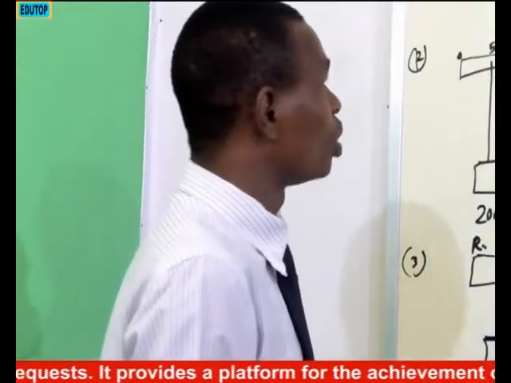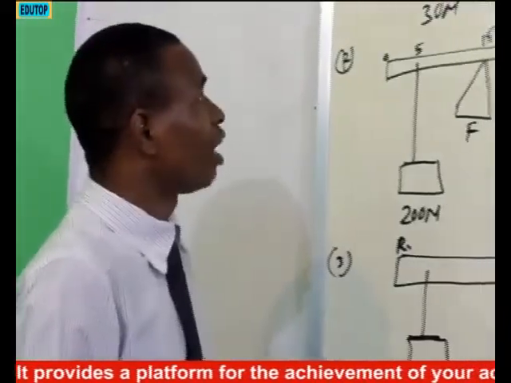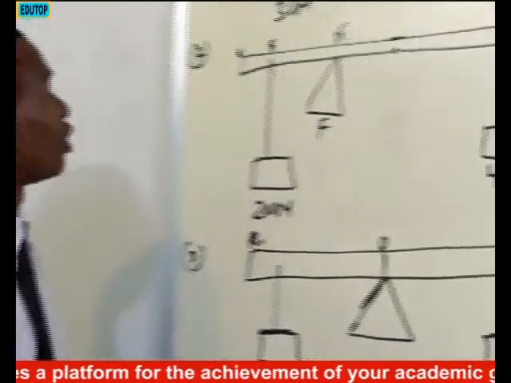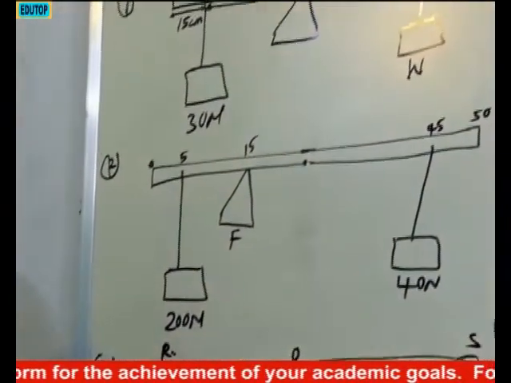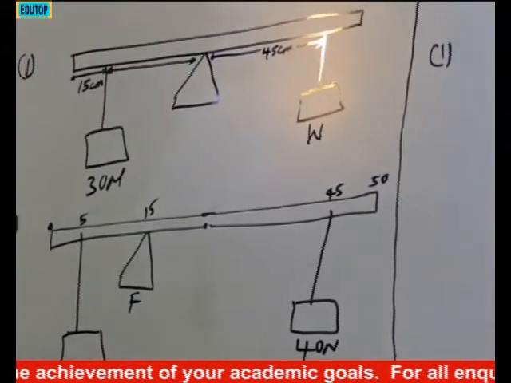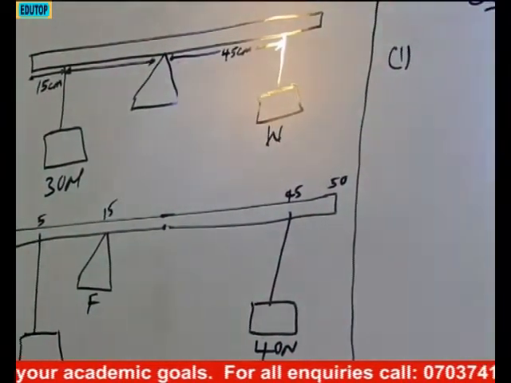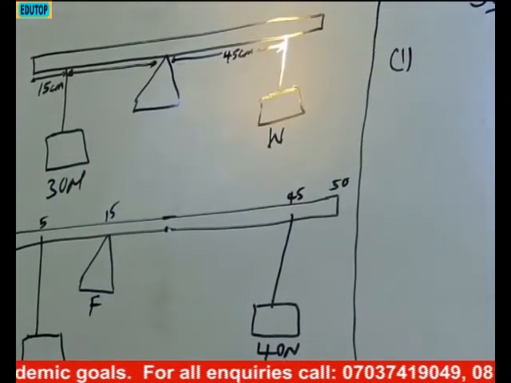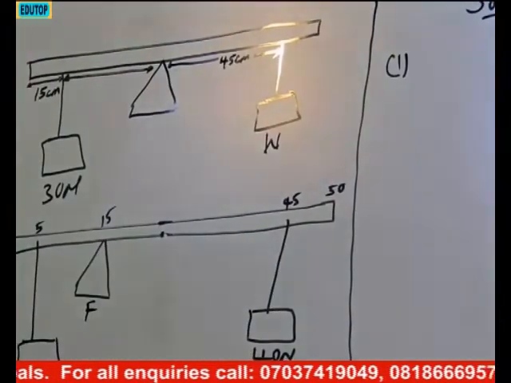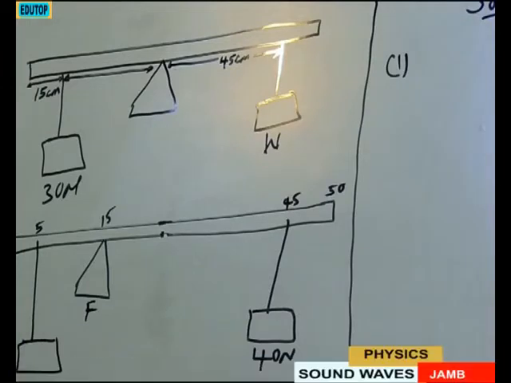Let's consider question number 1. We have the following diagram on the board. The question says a 90 centimeter uniform lever has a load of 30 Newton suspended at 15 centimeter from one of its ends.